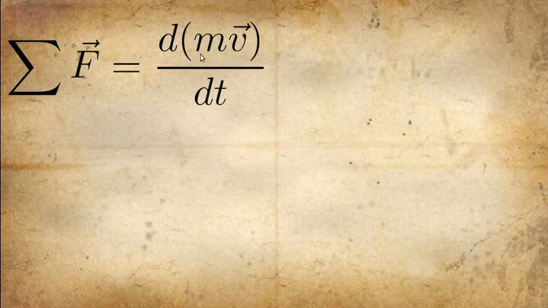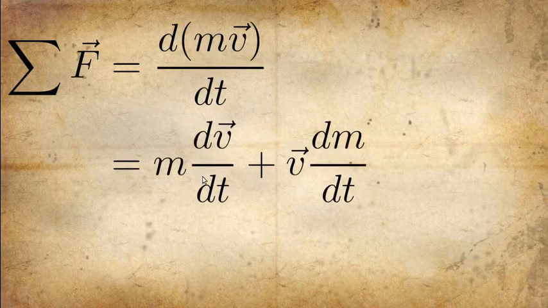So the total net force on an object is equal to the time rate of change of this quantity, mass times velocity. You might know that if mass and velocity both change, this can be a little bit more complicated. If mass were constant, we could pull the mass through the operator here and just say the time rate of change of velocity, which is acceleration. So we just have ma. But in the rocket's case, mass is changing. So what do we need to do? In this case, we're applying a product rule because we're taking a derivative of a product of two functions where both functions are functions of time.